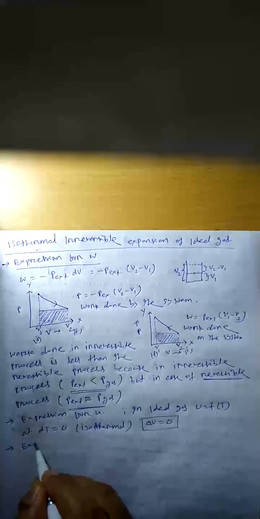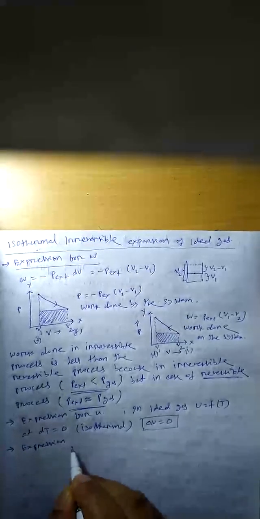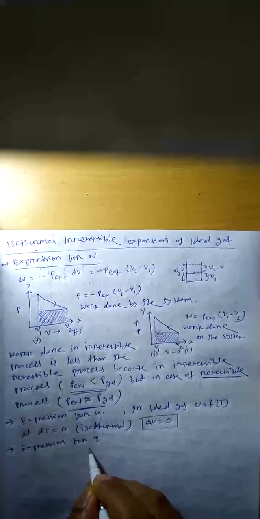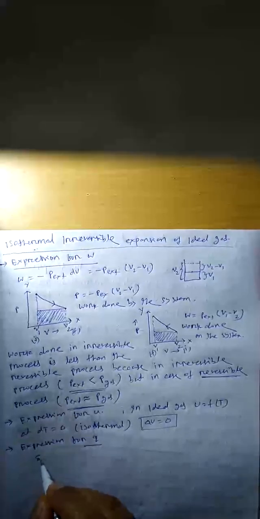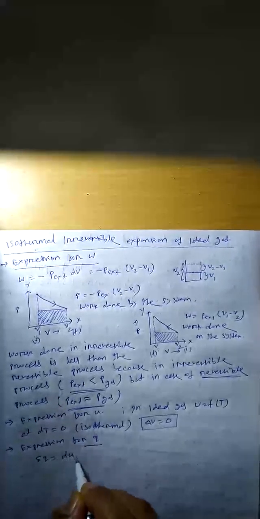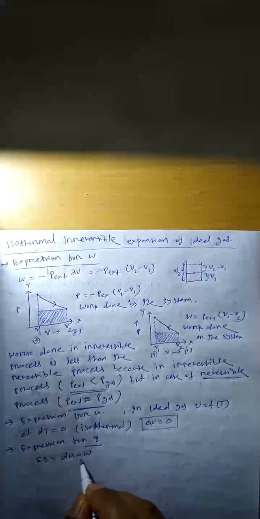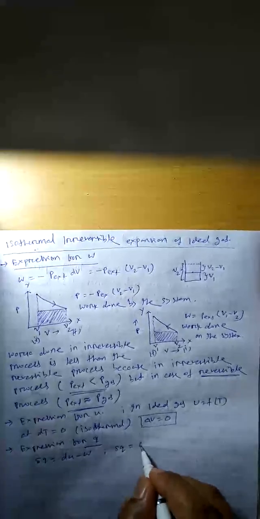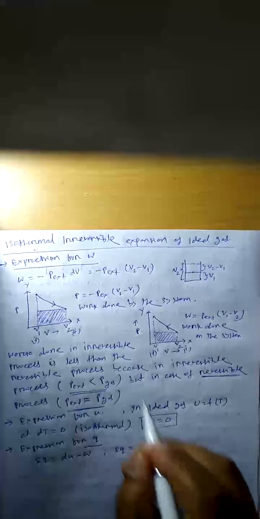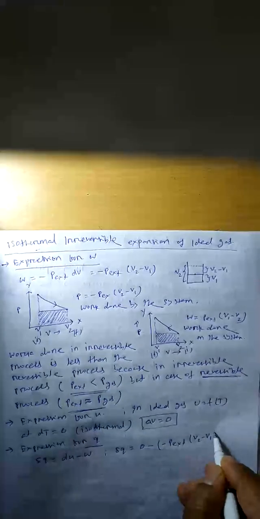Then expression for Q. From the first law of thermodynamics, del Q is equal to dU minus W, where minus W means work done by the system. So del Q is equal to dU, which is 0, minus W. W is equal to minus P external into the bracket V2 minus V1.